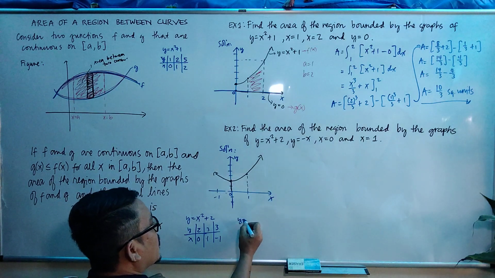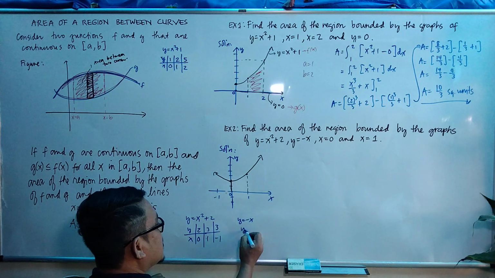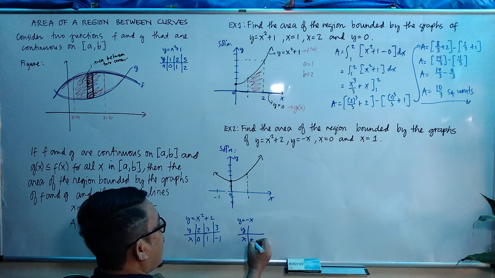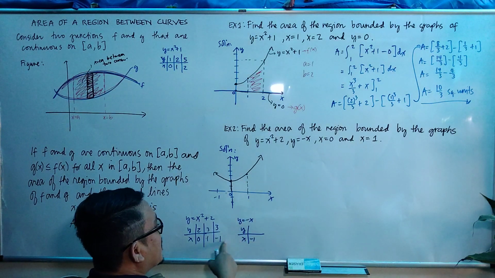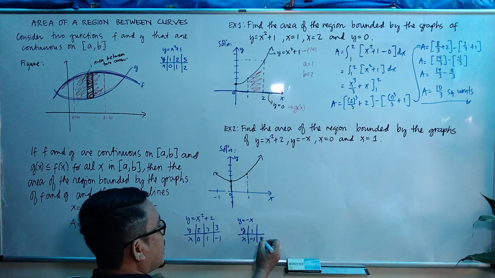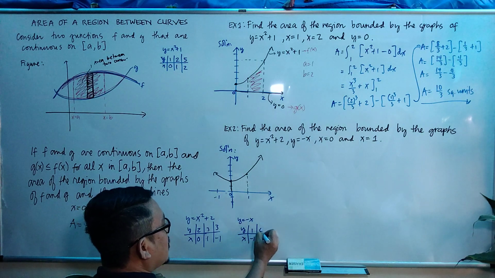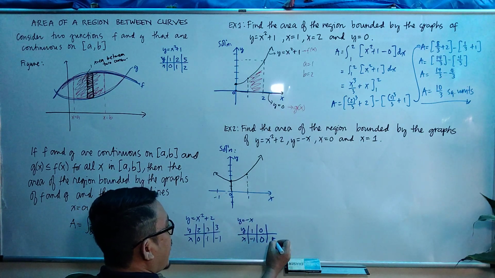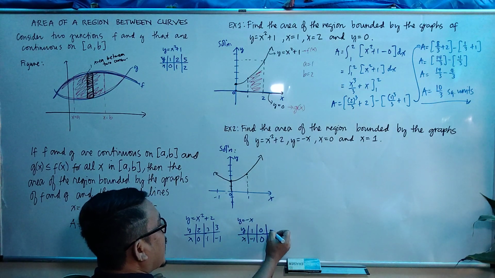Y is equal to negative x, no? So, if x is negative 1, y is 1. If x is 0, of course, y is 0. If x is 1, y is negative 1.